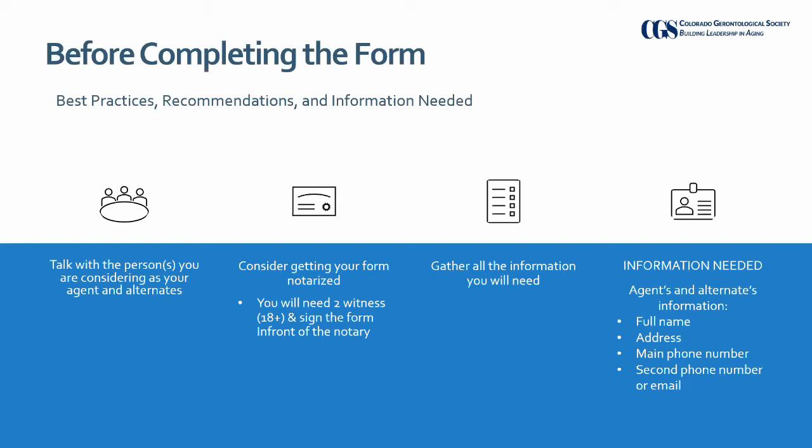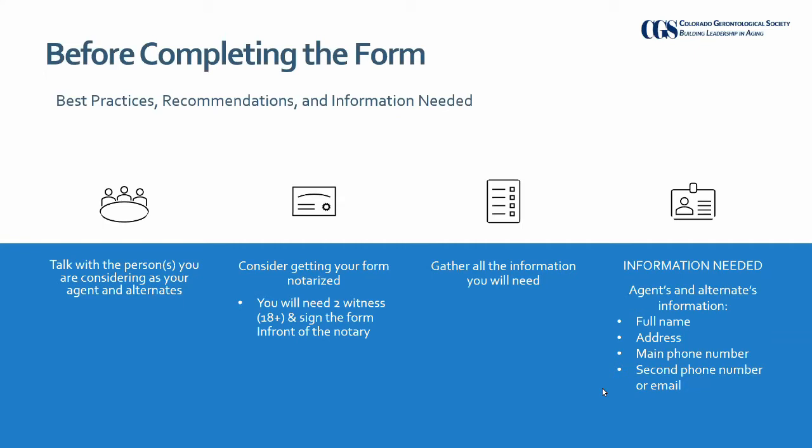The third best practice that I recommend is just gather all the information you need before you sit down and complete the form. The information that you need is the following, and this is apart from your own personal information, such as your name. You will need the agent's and the alternates' information.